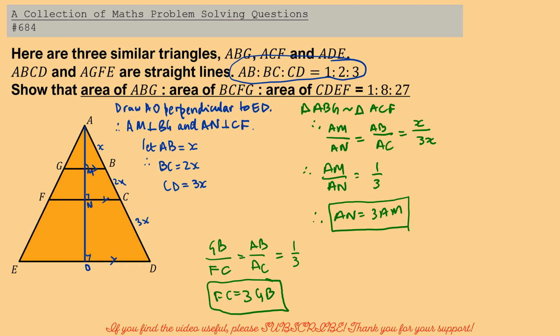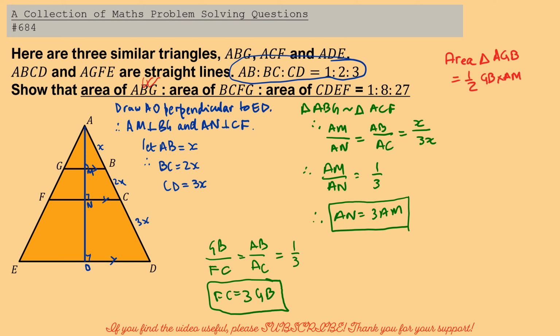So I can write area of triangle AGB equals half times base times height, so half times GB times AM. Now what is the area? That's AGB, yes, so I've got this area.